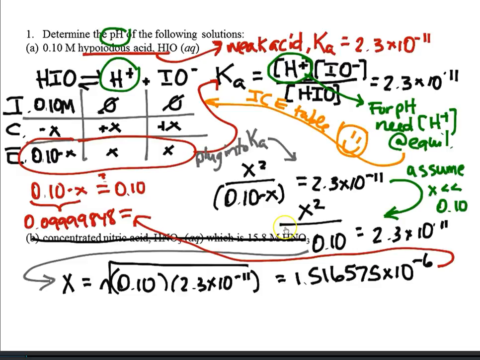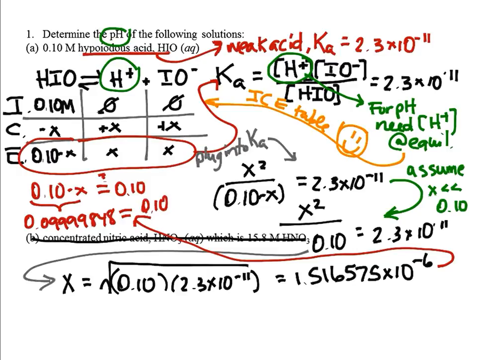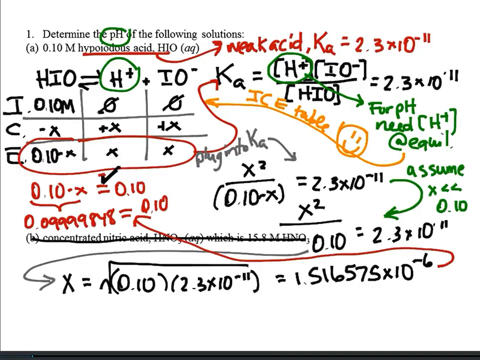Between here and here, I made the assumption 0.10 minus x equals 0.10. And now I see that that is indeed true, because 0.0999848 is what I get when I subtract x from 0.10, and when I round that to 2 digits after the decimal, I still get 0.10. So that means my assumption was valid. I'm going to put a little check mark here above where the question mark was.